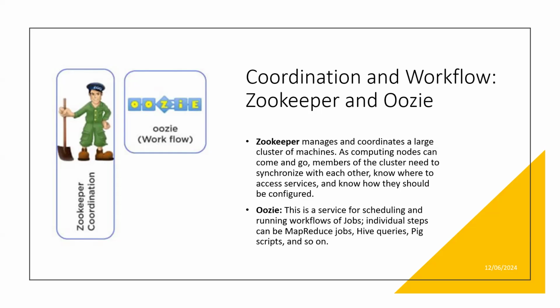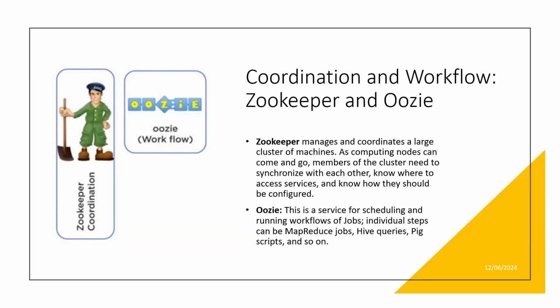And then Oozie we use for scheduling and workflows. Workflows are common nowadays. You can use it for MapReduce jobs, Hive queries, Pig scripts, and so on, so you can manage everything with Oozie. Usually you talk about two things in Oozie.